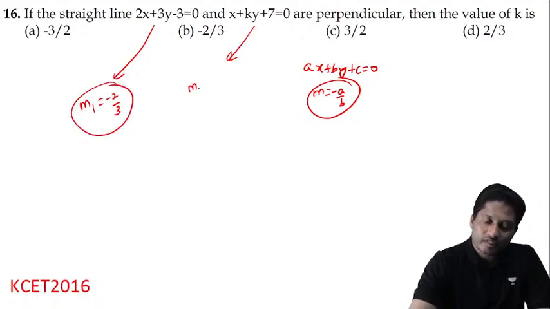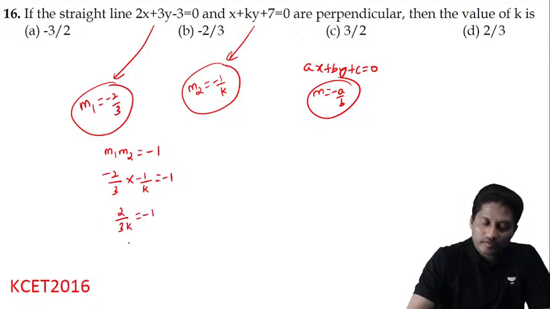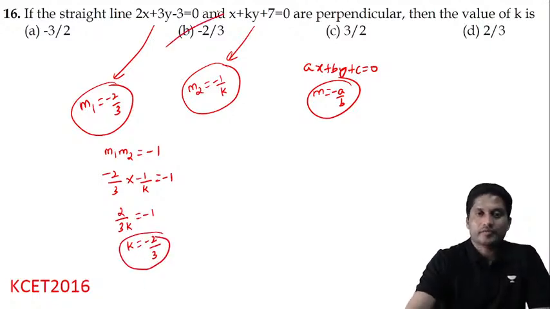And the slope of this line is minus 1 by k. m1 into m2 is equal to minus 1, so minus 2 by 3 times minus 1 by k is equal to minus 1. 2 by 3k is equal to minus 1, k is equal to minus 2 by 3. Answer is option B. Right, let's move to the next question.